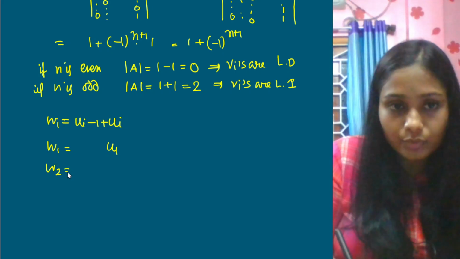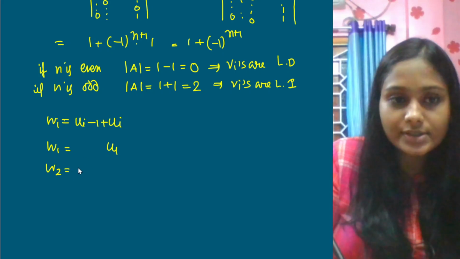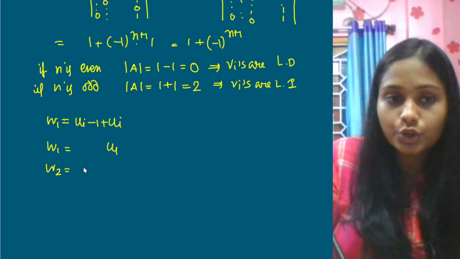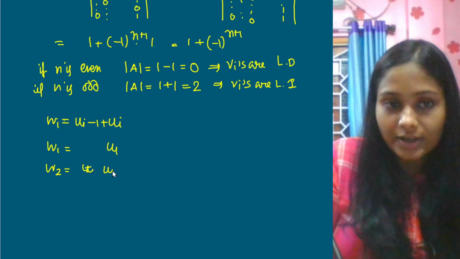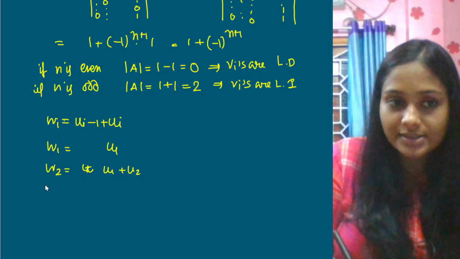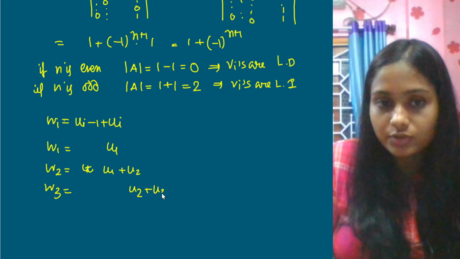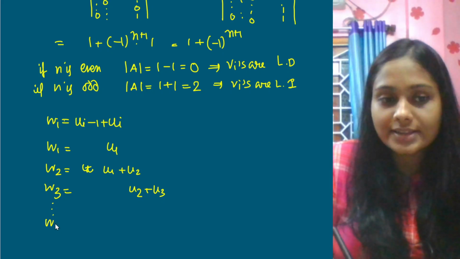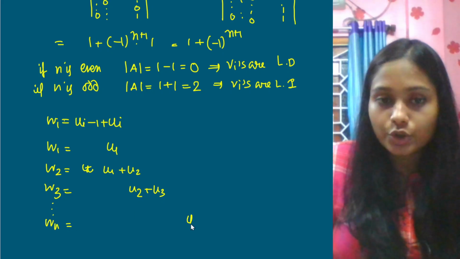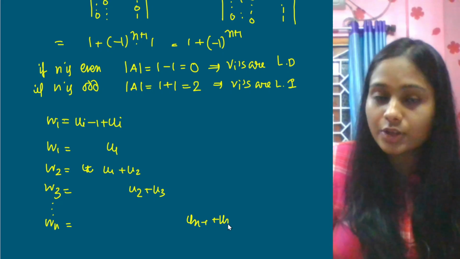After that, W2 is u1 plus u2. W3 is u2 plus u3. And if we go on like this, Wn is un minus 1 plus un.